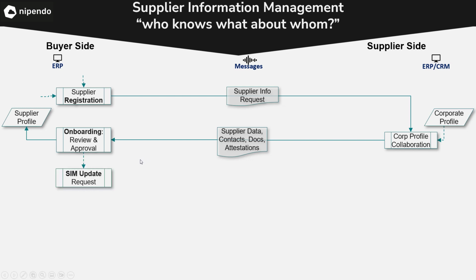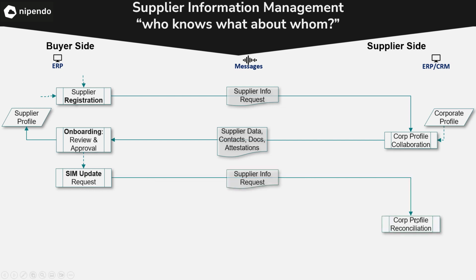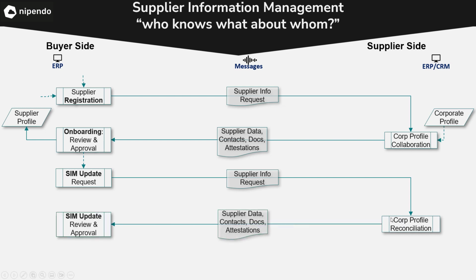Change happens over time, so sometimes you may have new requirements for a supplier. Even existing suppliers have to meet new requirements, and so that might be an update that needs to happen, and that spurs a request that the supplier then needs to go and react to. And then send back information in the same sort of way as a new supplier and feed that back into the profile.